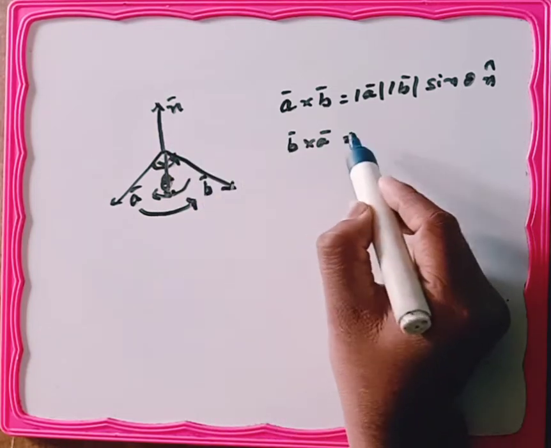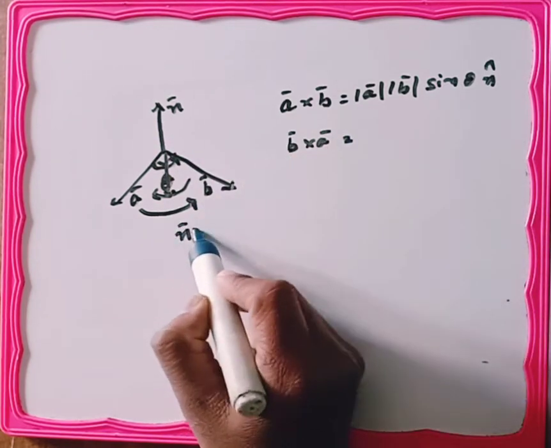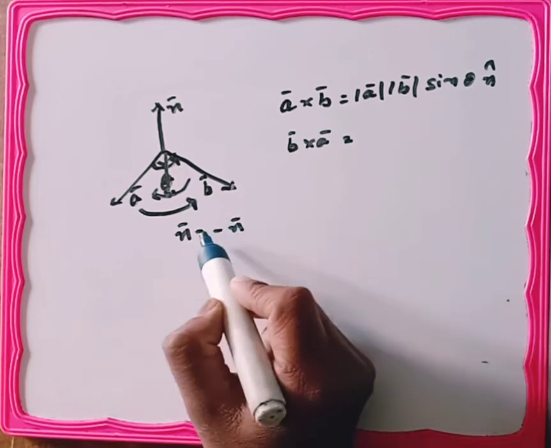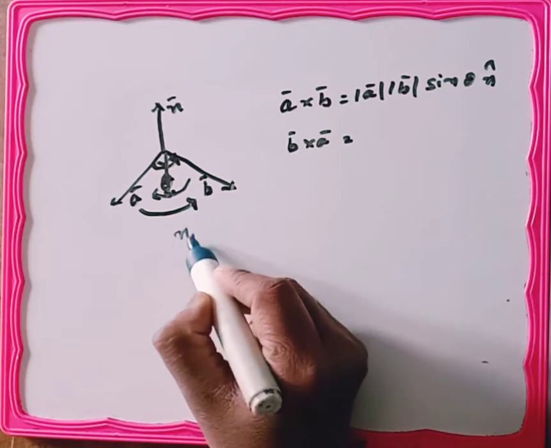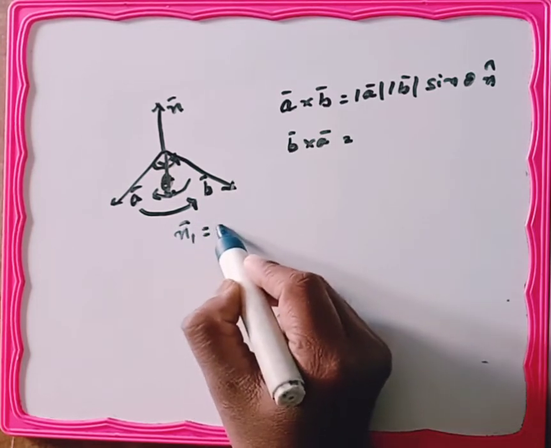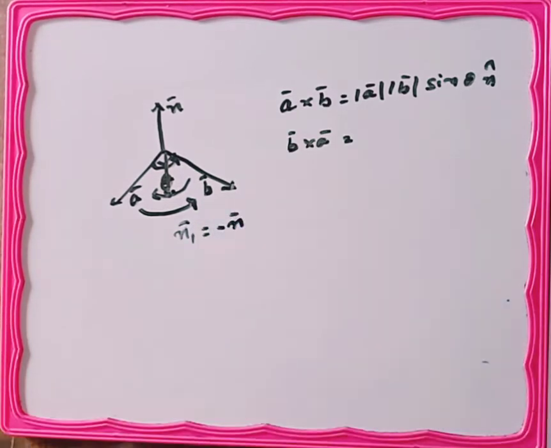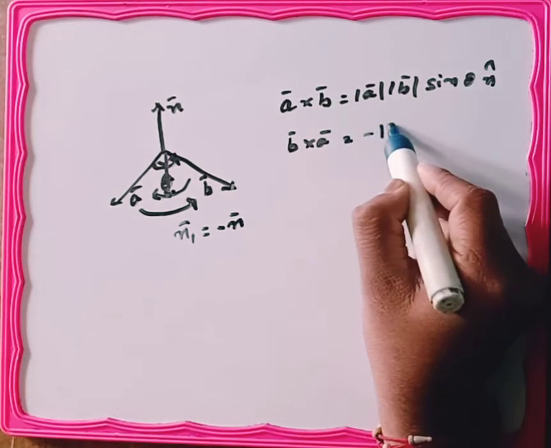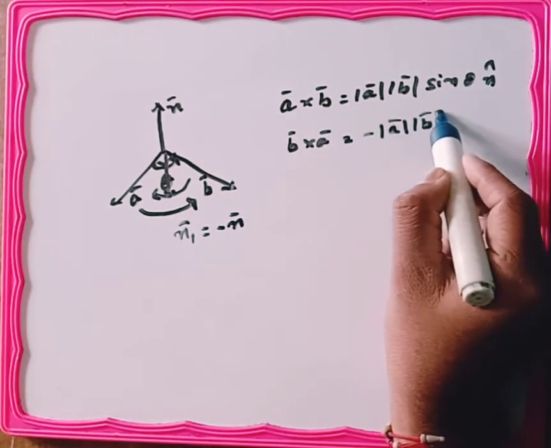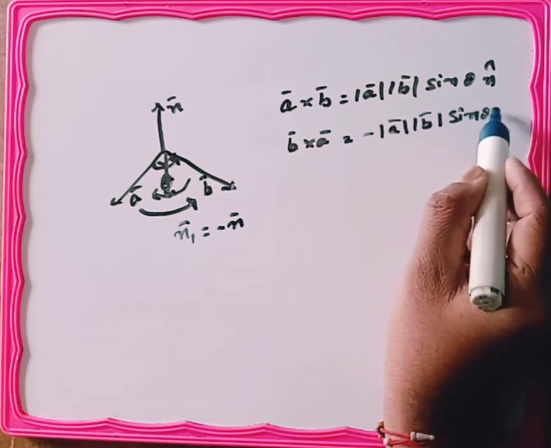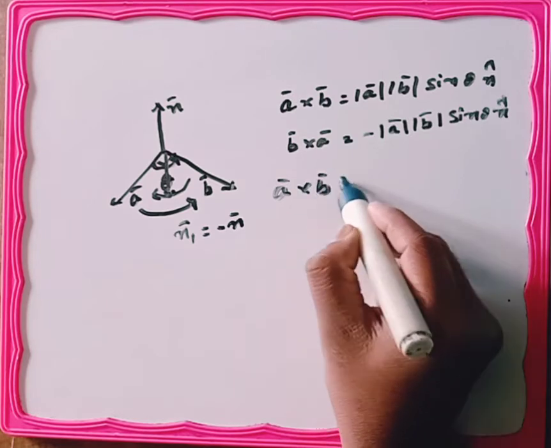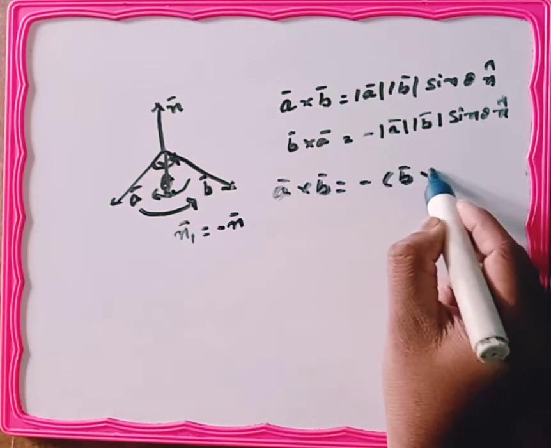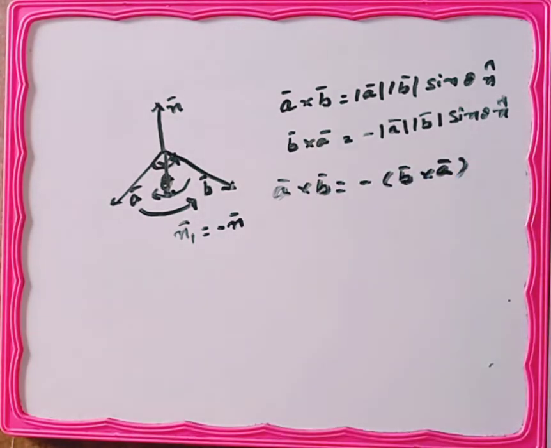So we can write n1 bar equals minus n bar for b bar cross a bar, and so we get minus magnitude of a bar times magnitude of b bar sin theta n bar. And so we can say that a bar cross b bar is equal to minus b bar cross a bar, and so the vector product is not commutative.